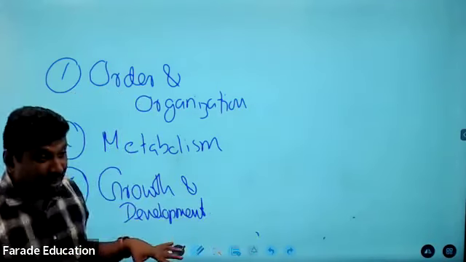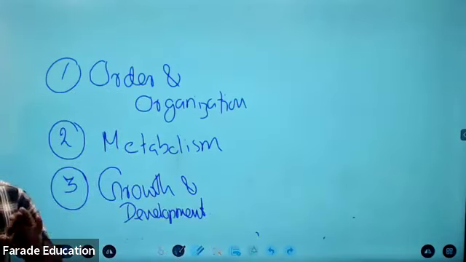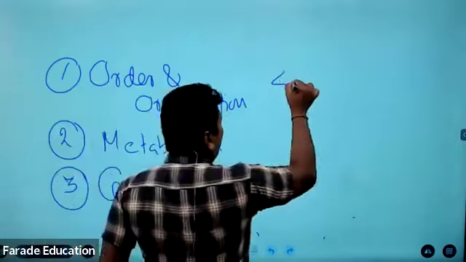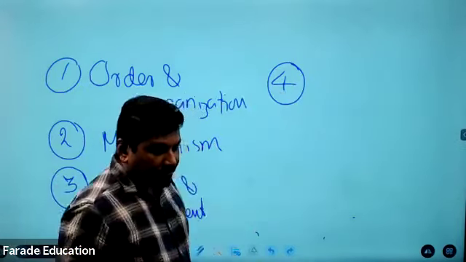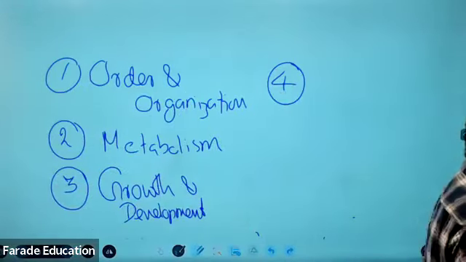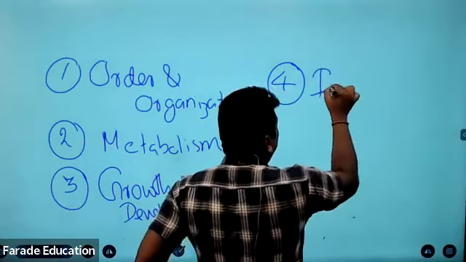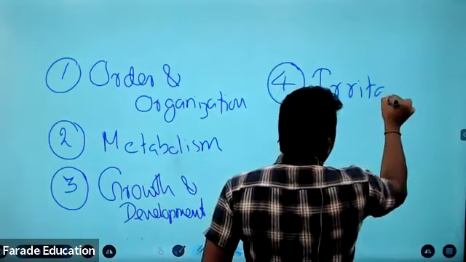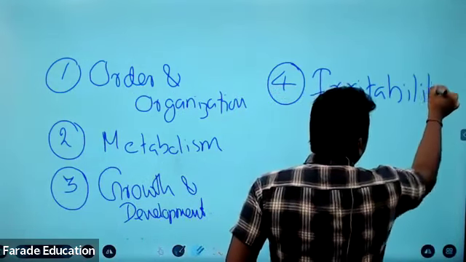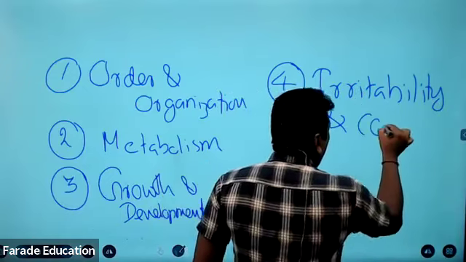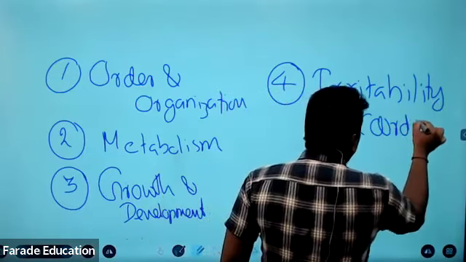Right. So growth and development is the third feature that is there in living organisms, right? Number four, you have irritability and coordination.